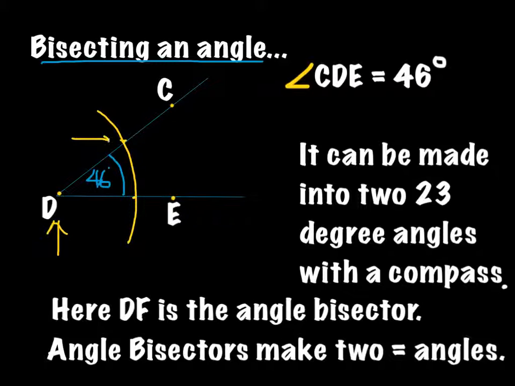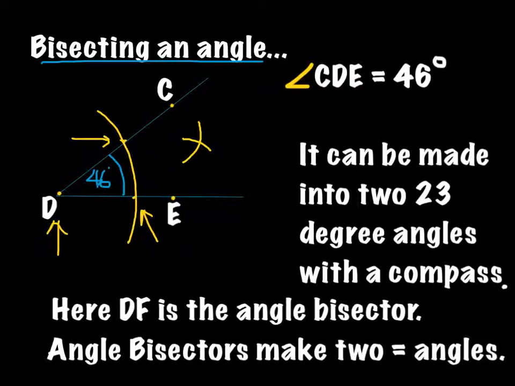I can move the point of the compass now to the top point and swing into the angle, and then move my compass point down below here and swing one more arc into the middle of the angle.